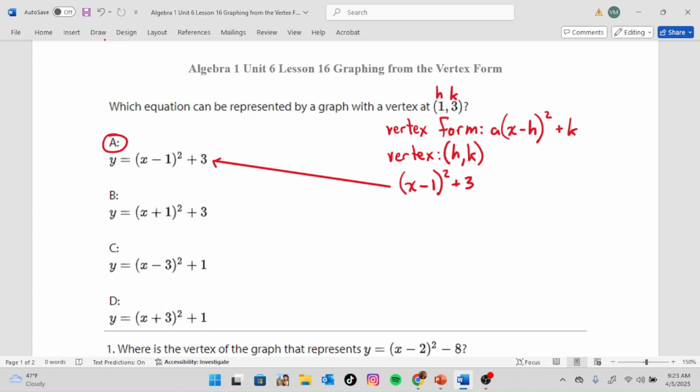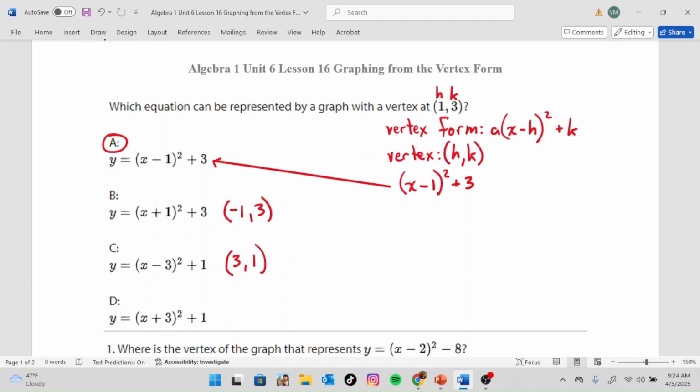Now if we look at the other ones, we can see why they're wrong. If I have x plus 1, then that is the same as x minus negative 1. And then k is plus 3, so that's positive 3. So this would actually be the vertex form for a point at (-1, 3), not (1, 3). Now if we look at choice C, in this case, the h is 3 and the k is +1.